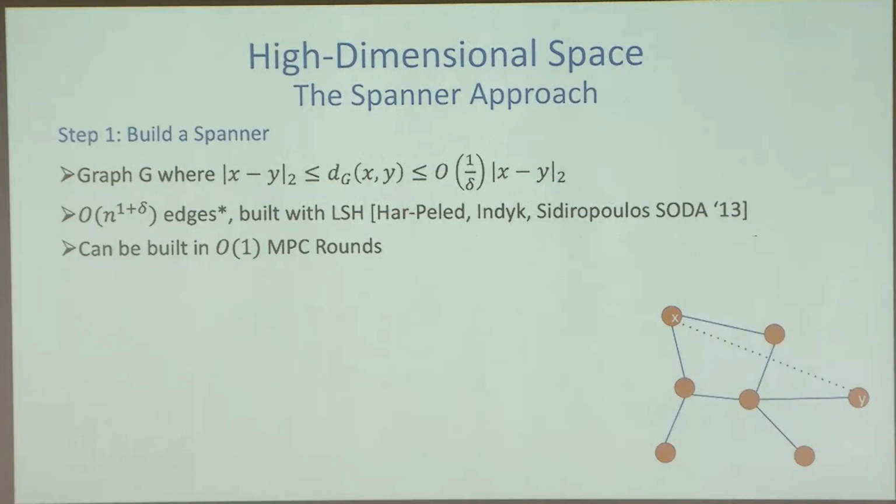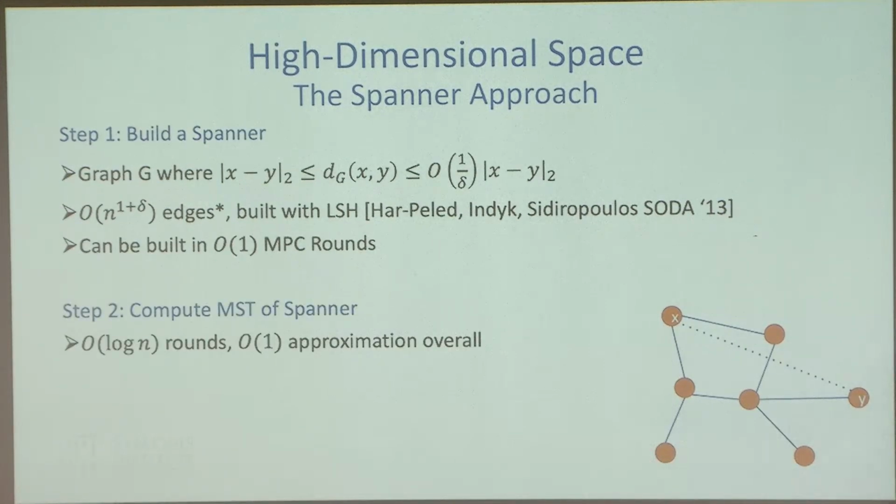The previous work by Indyk and others shows that you can use locality-sensitive hashing to build this sparse graph using n to the 1 plus delta number of edges, and this can be computed in a constant number of MPC rounds. After you get this graph, you just need to output the MST of this graph. Using the standard MST algorithm in the MPC model, you can achieve log n rounds. Because the spanner has a constant approximation, you get a constant-approximate MST.